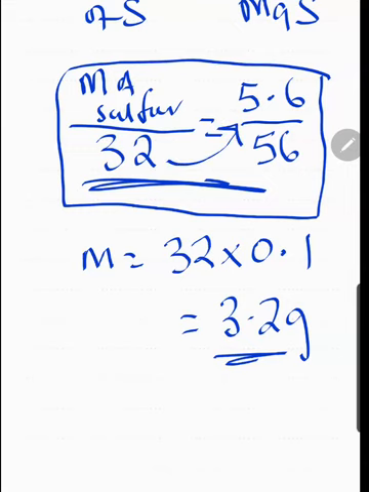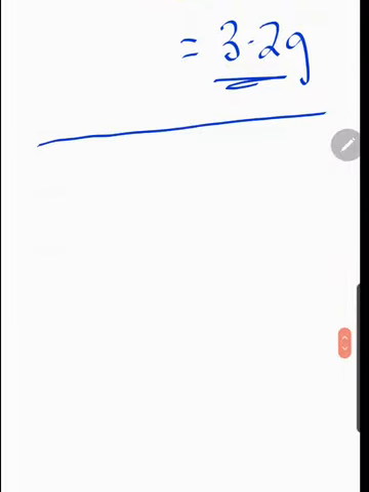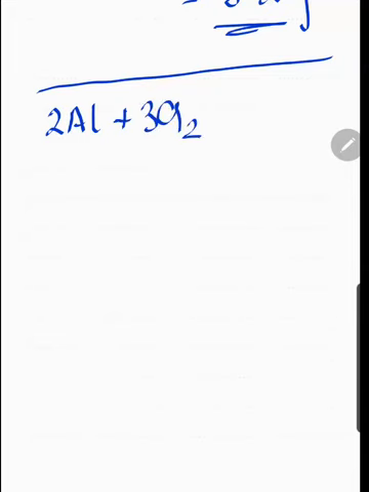Okay, now let's give you an example of a harder one. The balanced equation now is the following: 2 aluminium plus 3 chlorine forms, sorry, let me write this properly.